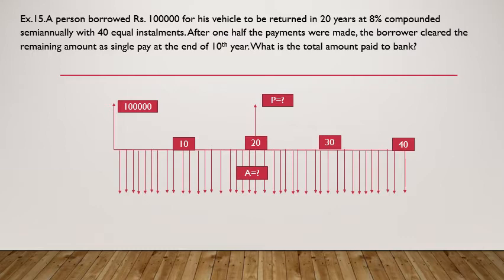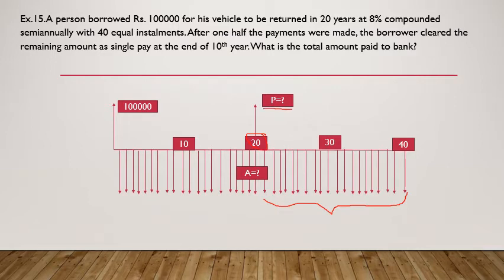At T equal to 20, after one half of the payments were made, means what? 40 equal installments are there. After 20 installments were paid, before I pay the 21st installment, exactly at T equal to 20, I make the remaining installments in a single shot.